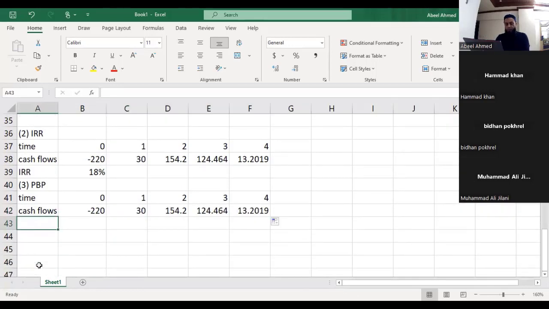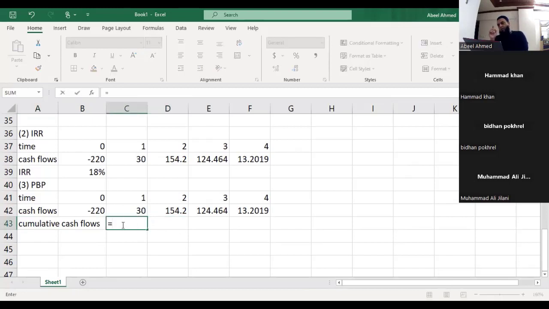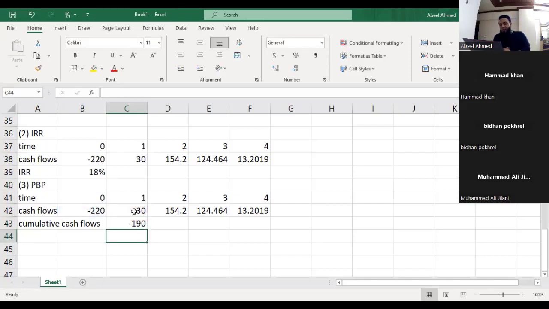Now let's take the cumulative cash flows. We have invested 220 and in year 1 we have recovered 30. So let's see how much is left. 220. We recovered 30. Still 190 is left to be recovered.